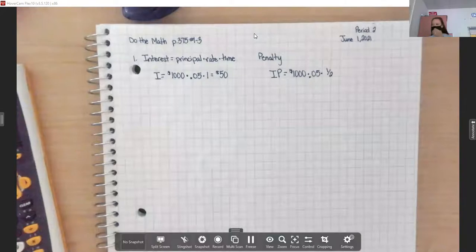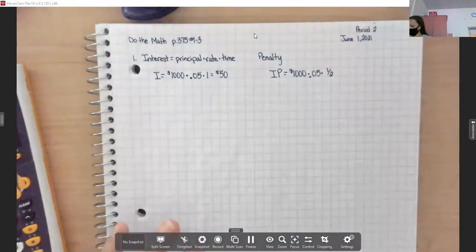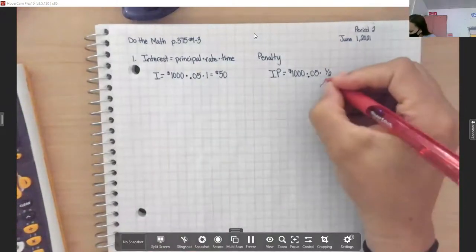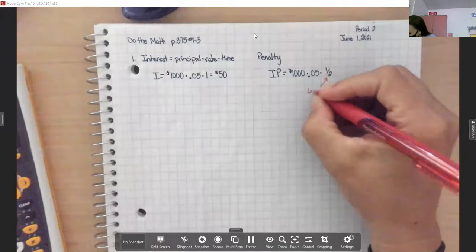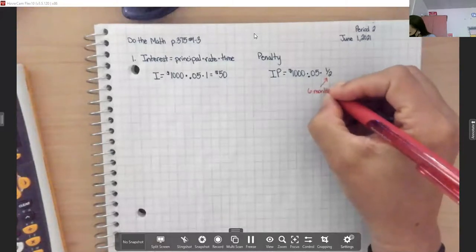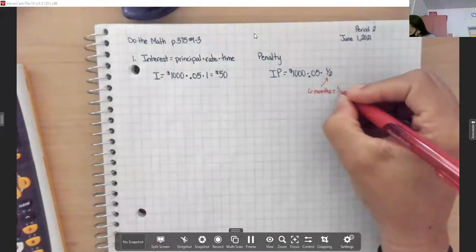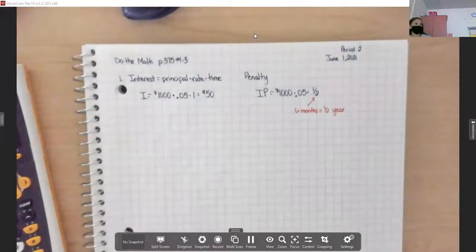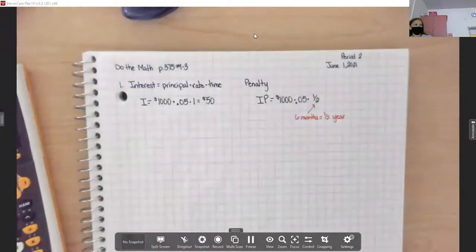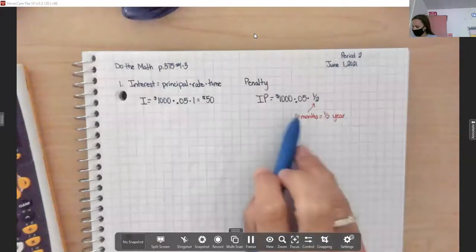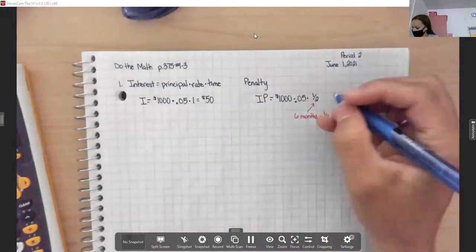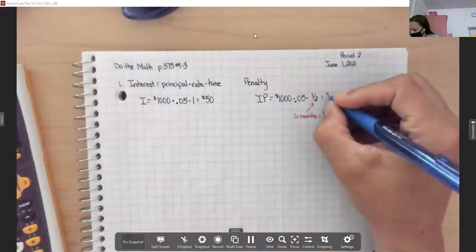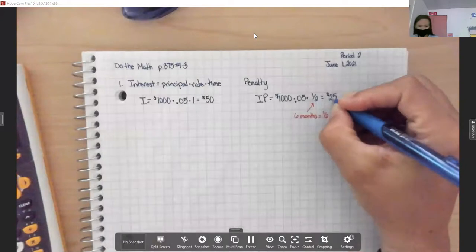So I wrote times 1/2. This 1/2, 6 months is equal to a half a year. So that's where that 1/2 is coming from. So my interest penalty is half of a year for 6 months. So that's going to be $25.